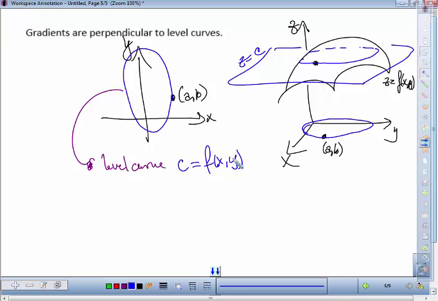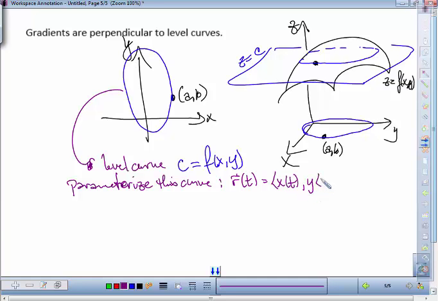Okay, so what we're going to do is we're going to parameterize this. And so what that means is that we're going to be able to find some parameterization, r of t, with an x and a y component as functions that would draw out that two-dimensional vector.